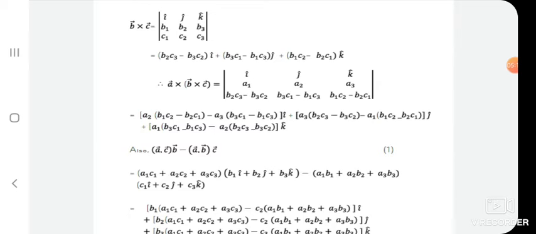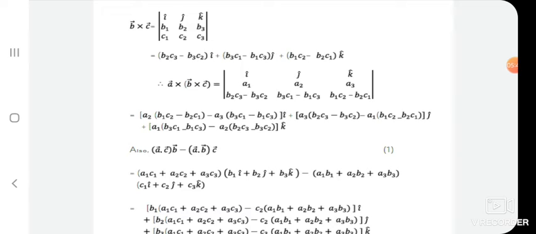If we take the cross product of vector a with b cross c, then the determinant is equal to i j k, a1 a2 a3. Now the i component of the b cross c vector is b2 c3 minus b3 c2, the j component is b3 c1 minus b1 c3, and the k component is b1 c2 minus b2 c1.